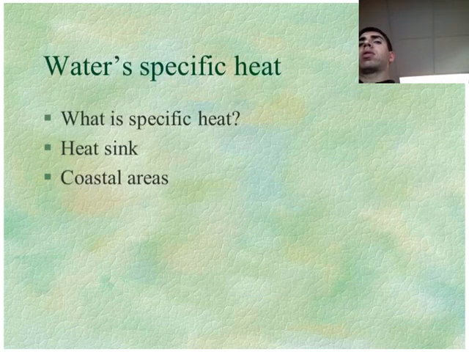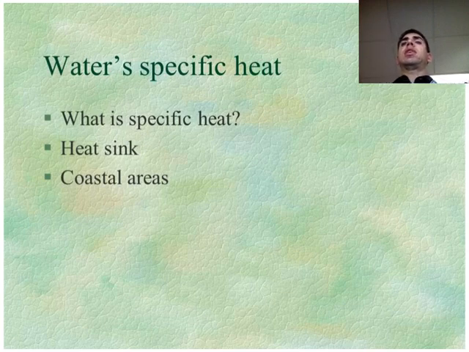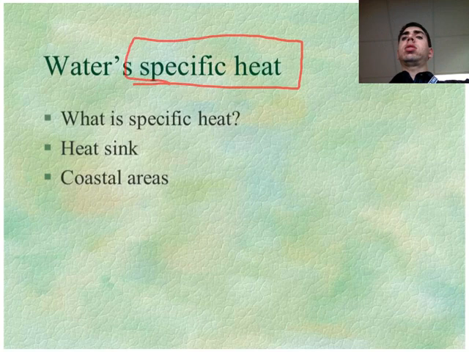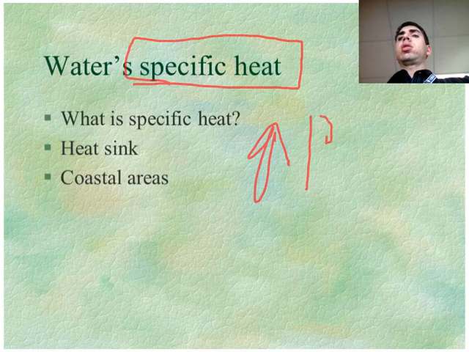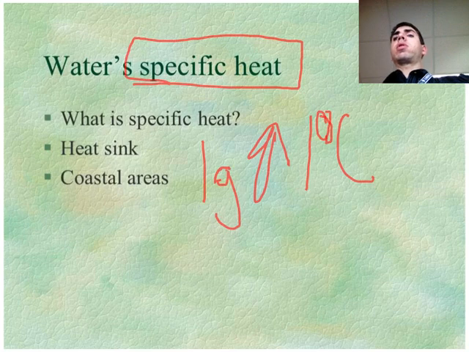The next property of water that makes it so good in biology is water's high specific heat. Now remember, specific heat is the amount of energy it takes for 1 gram of water to raise 1 degree Celsius.